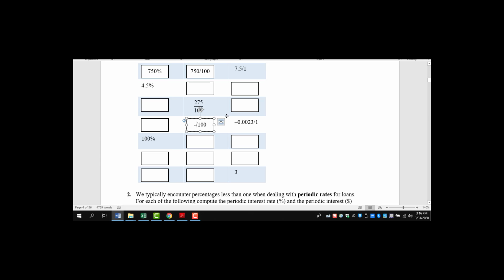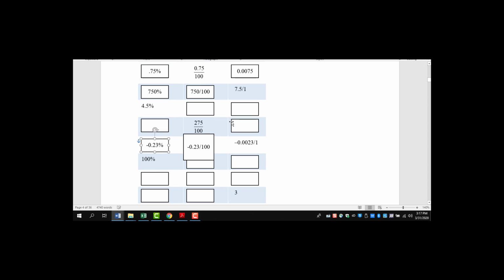We're decreasing, and it's going to be, multiply this by 100 on your calculator, and you're going to get 0.23. And it's negative. That's the decimal, that's the fraction. The percentage is simply negative 0.23%. So I would look at the other ones in the book. They have the answers there.